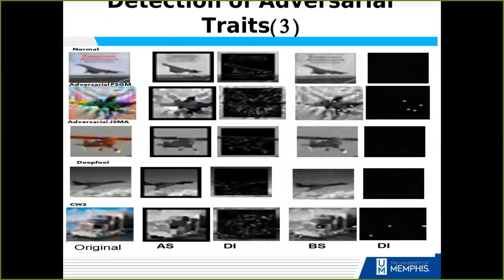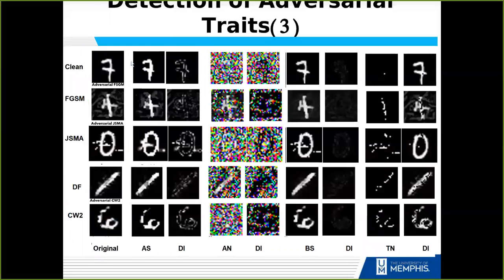We have more examples over here. So we have the original images and the attacked original images. You can see, and then we add some smoothing. You can see the pixel differences. We can add some bilateral smoothing, and we can also see the pixel differences from the original to the corresponding attacks. We have more examples on digits.